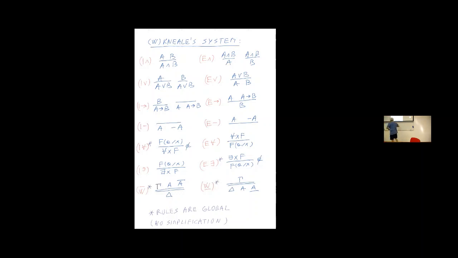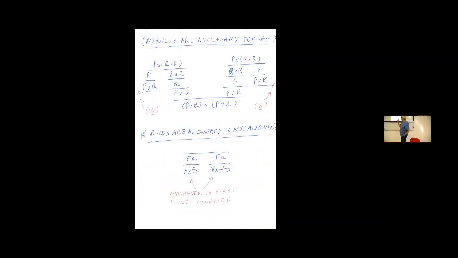For example, you have A, and then something like this, when the same formula occurs again. It looks trivial and perhaps you will think you don't need it, but actually you do. Here is one example: the distribution of disjunction over conjunction cannot be proved without this contraction rule.